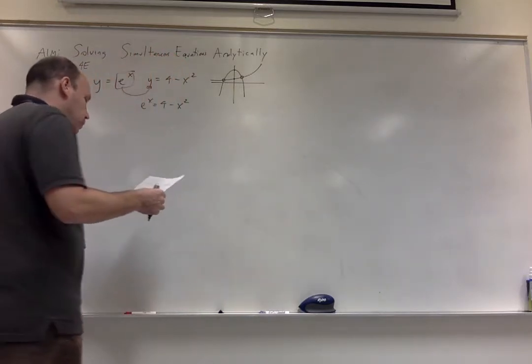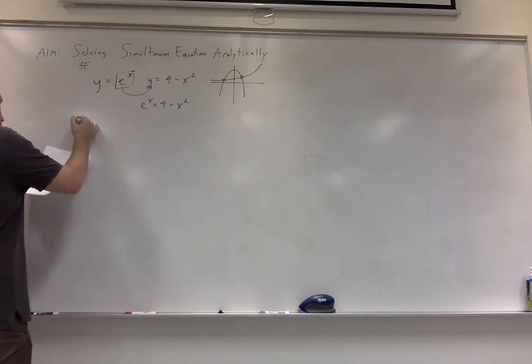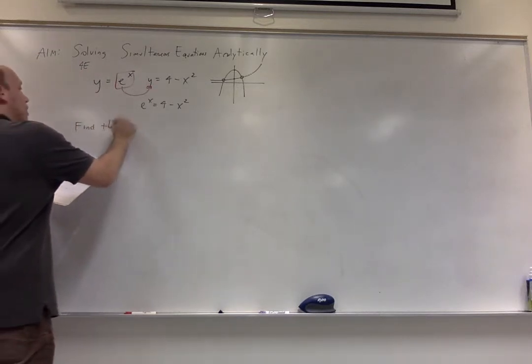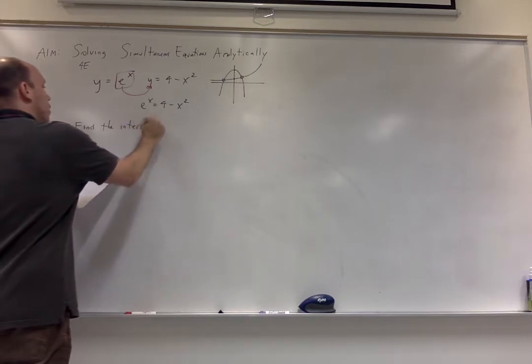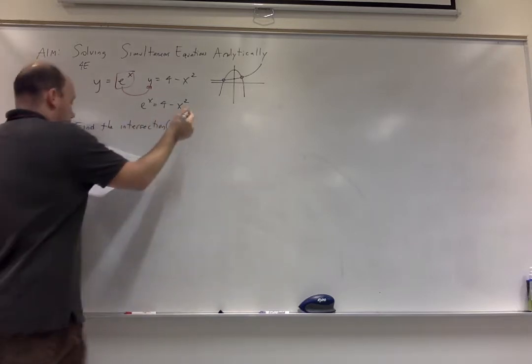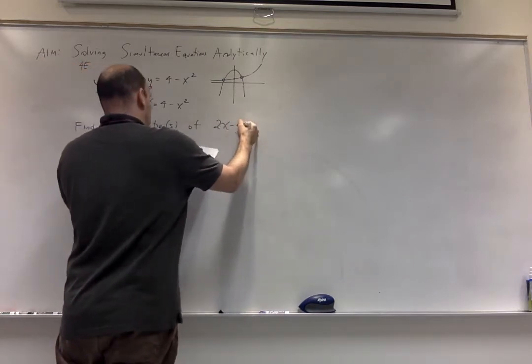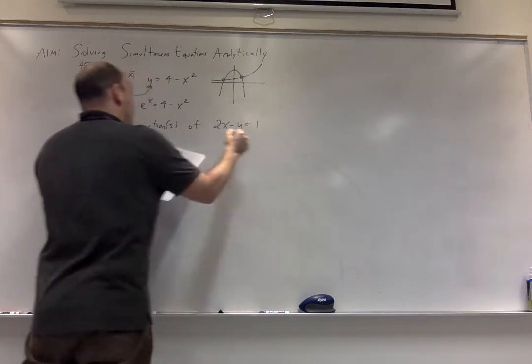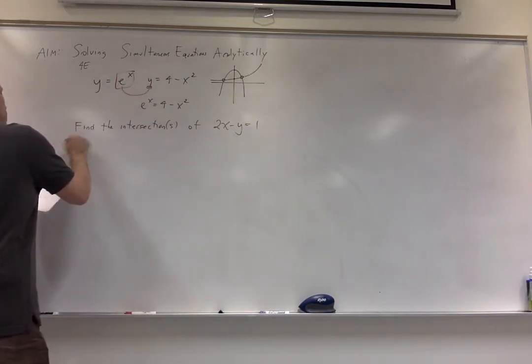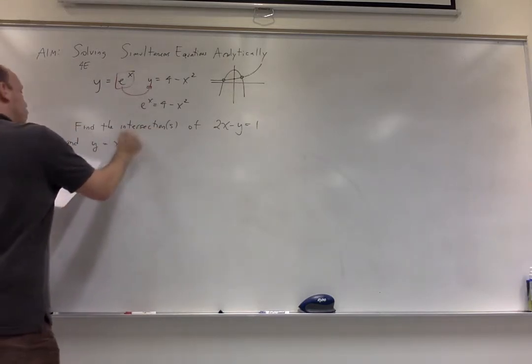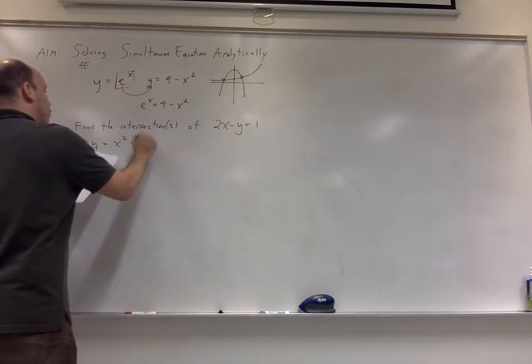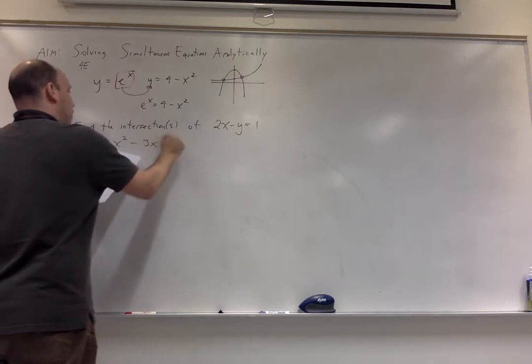So you're asked to find the intersection or solution of the line 2x minus y equals 1 and y equals x squared minus 3x plus 5.